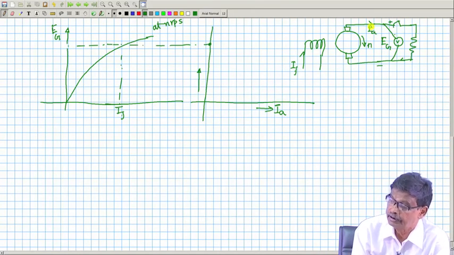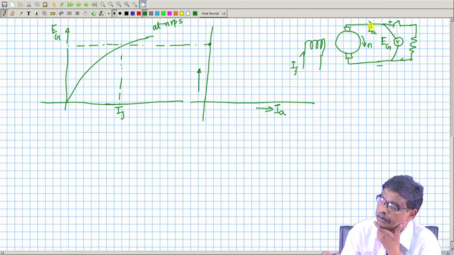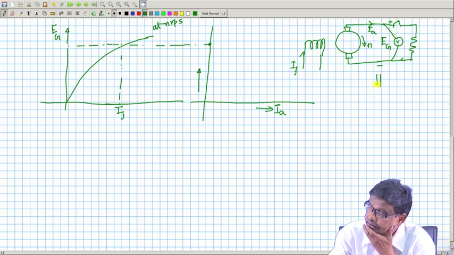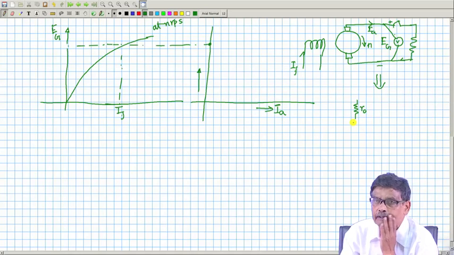This terminal voltage, what will happen? It will be increasing or decreasing or remain the same. It is expected it will decrease, because the armature has got a resistance. So, what is the equivalent circuit? Here the equivalent circuit is the armature. This resistance is very small, made of copper.